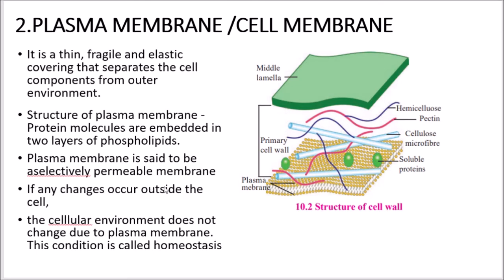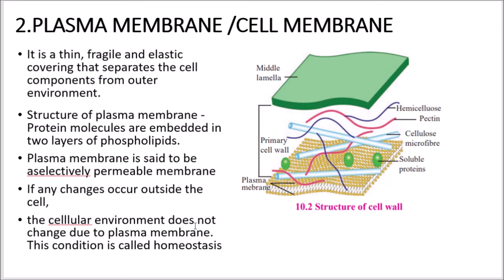selectively permeable membrane. Selectively permeable means it only selects what things the cell requires, and those unwanted things which are not required inside the cell are not allowed to enter. So it is called a selectively permeable membrane. If any changes occur outside the cell, the cellular environment does not change due to the plasma membrane.